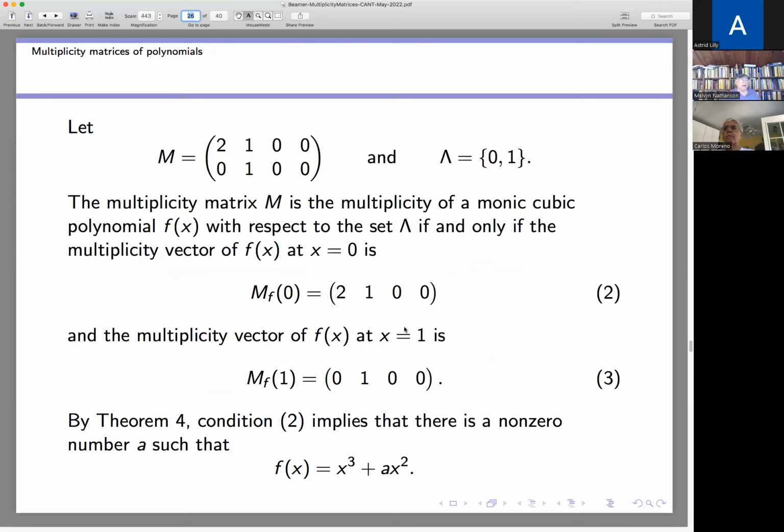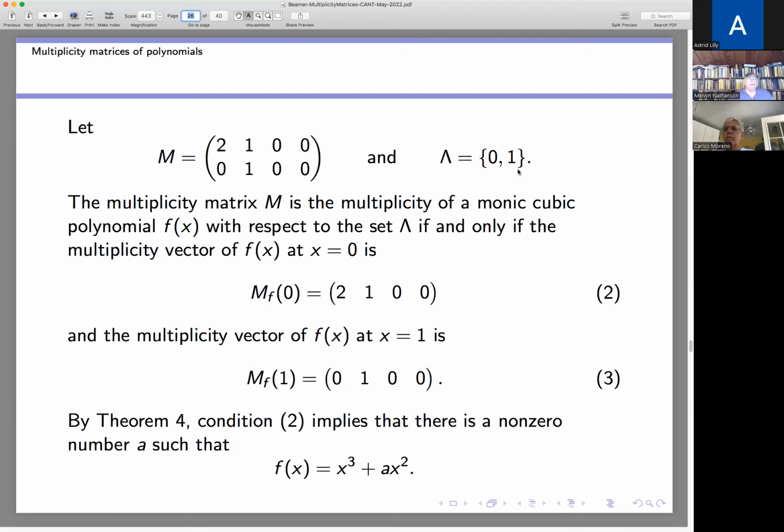So the simplest case is when you are just looking at a matrix with 2 rows. So this is a multiplicity matrix. So each row is a multiplicity vector. The column sums are at most 0, at most 1, at most 2, at most 3.